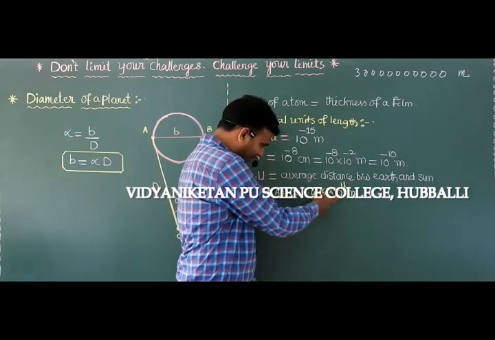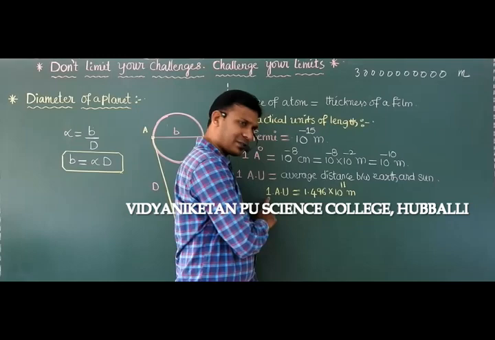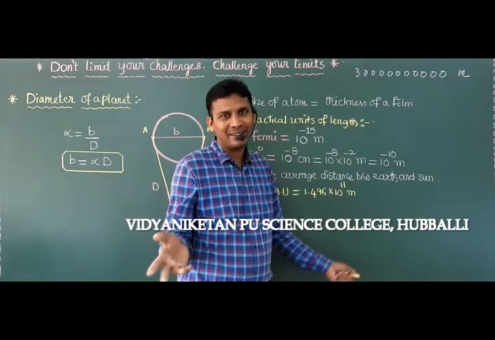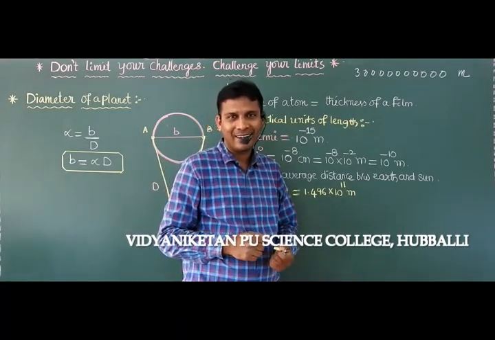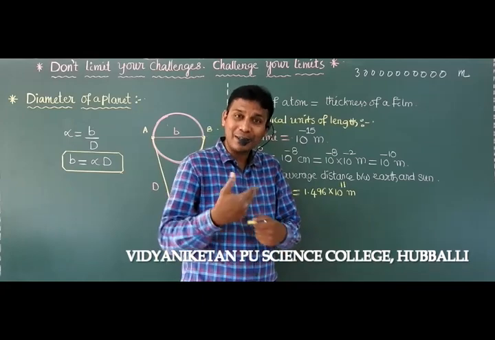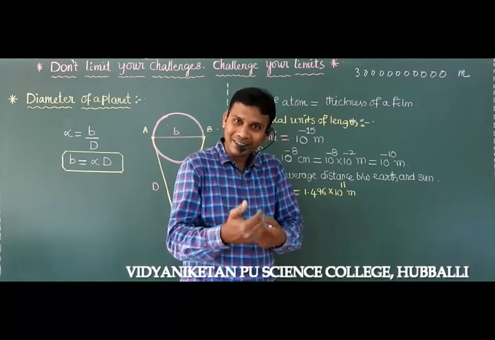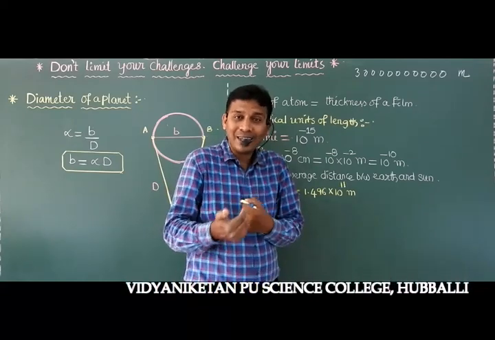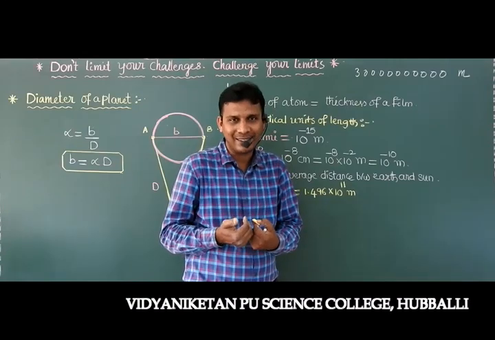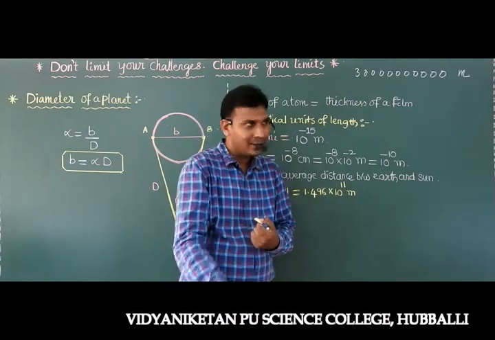But instead of writing all these numerical digits, if you say only 1 astronomical unit, that is well and good. It is easy to pronounce and easy to write the distance between earth and sun. Such units are nothing but practical units. I hope it is clear.